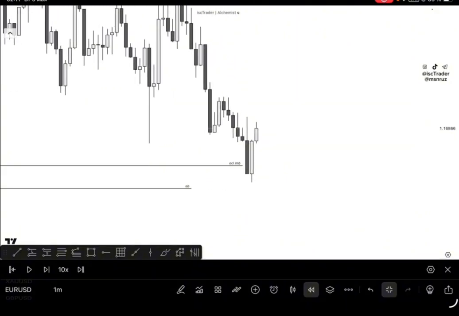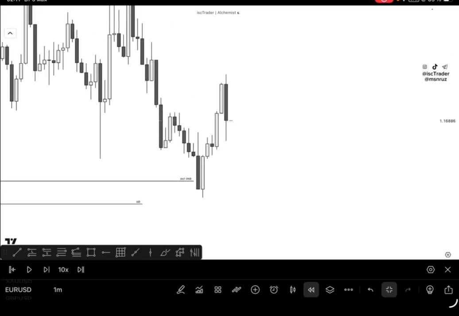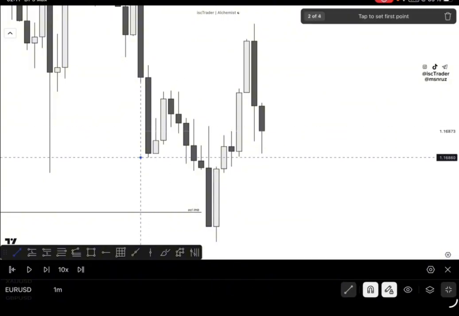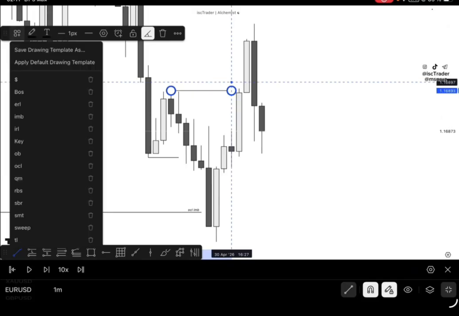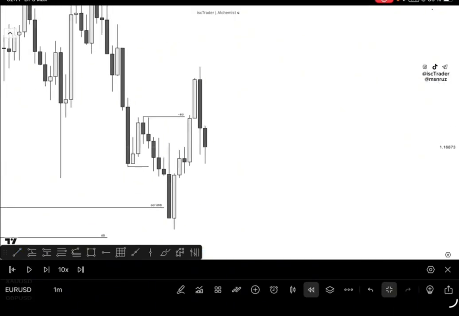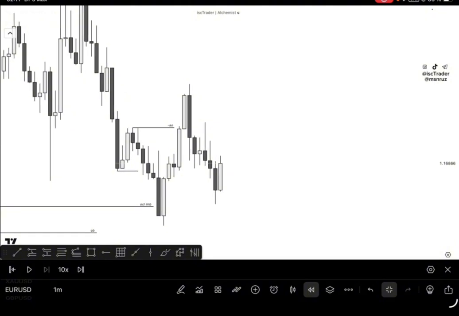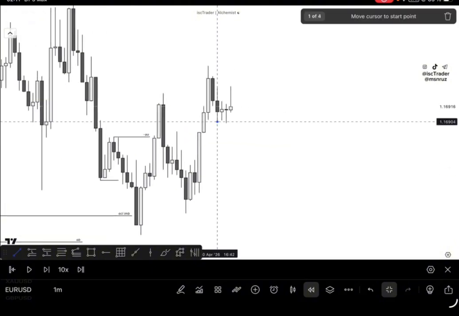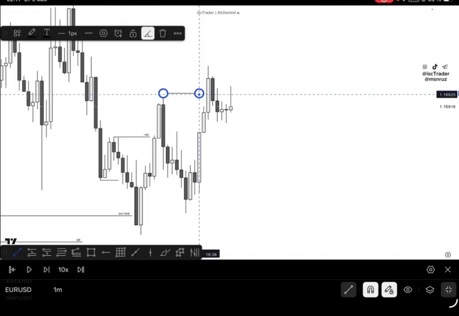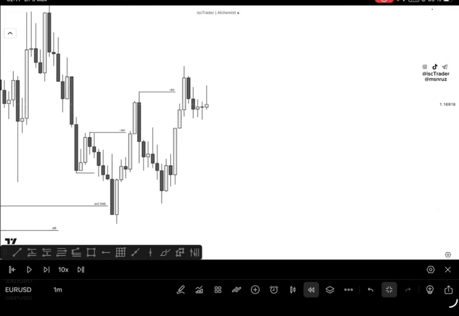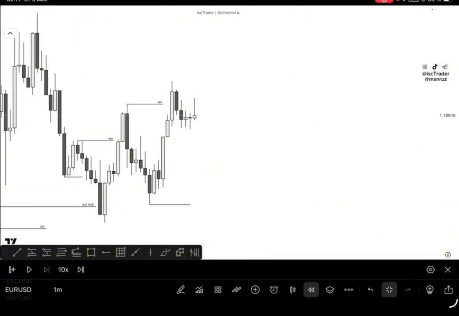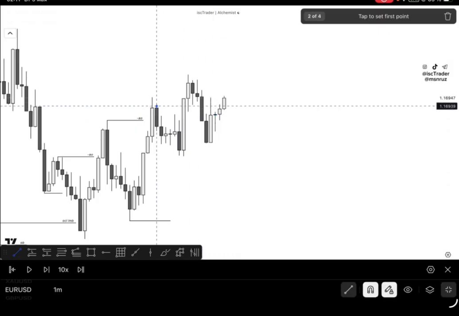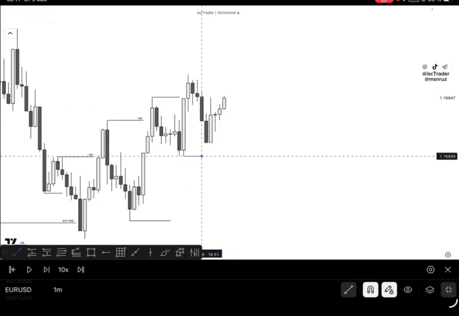As you know, our confirmation must only be on the M1 time frame. All right. Liquidity sweep, breakout. Breakout. Second breakout. An inducement.